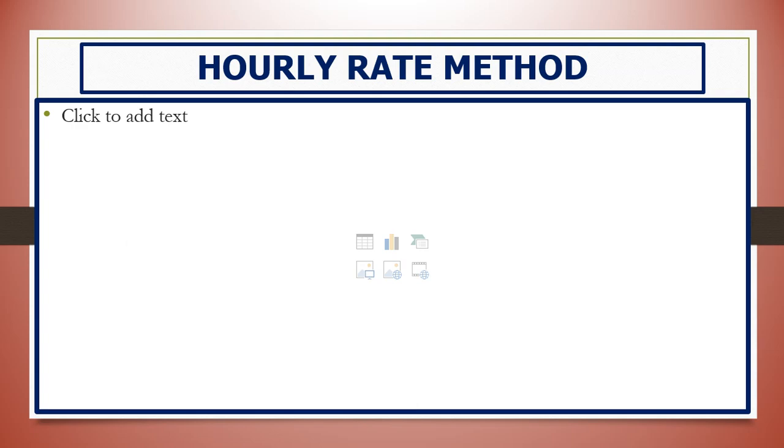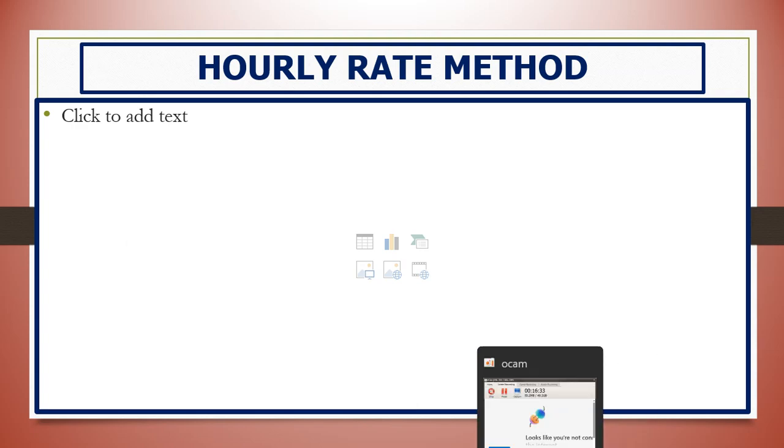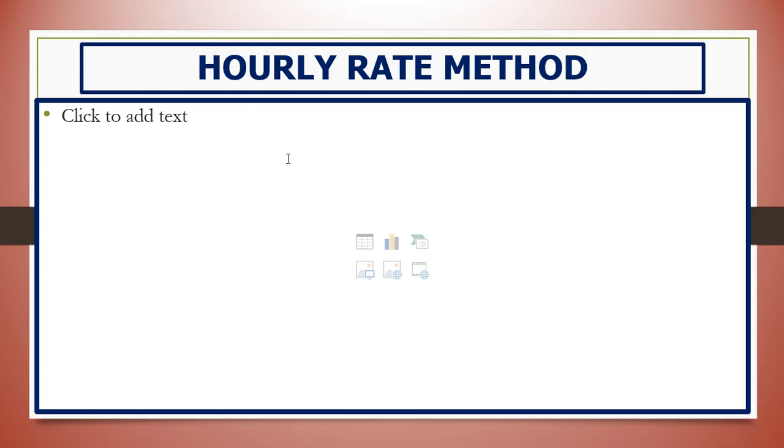Then you also have another method, and this method is the hourly rate. In this case, we look at the number of hours in a year the machine or asset is expected to be used. So in that case, we compute depreciation per hour, or it can be per day. How many days are in a year?